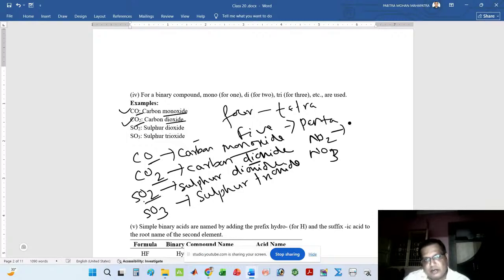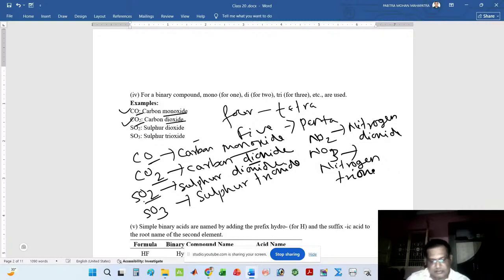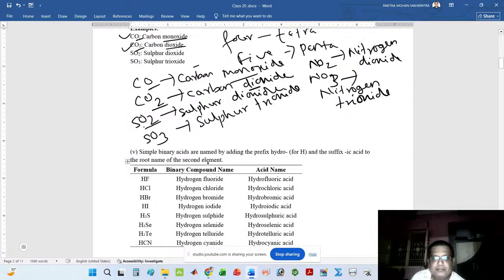That means nitrogen dioxide. Three oxygen atoms, so you can say nitrogen trioxide. You use such words: one for mono, two for di, three for tri, four for tetra, five for penta.